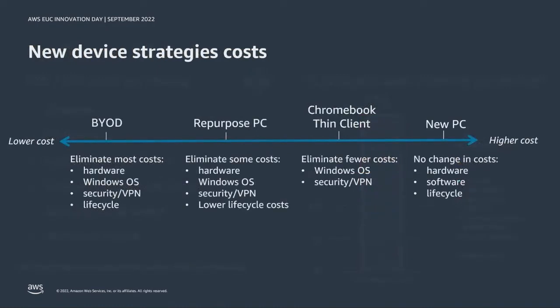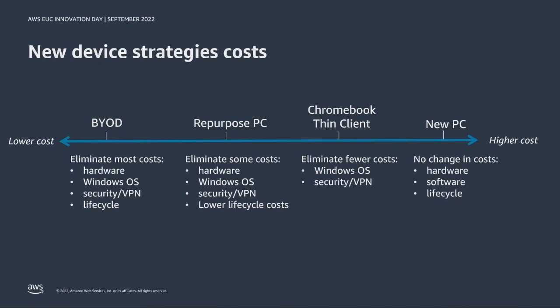And so when we apply what we know about total device costs to a variety of new device strategy options, at one end of the spectrum you have BYOD, right, where nearly all of the inherent costs are eliminated. Costs such as the device hardware, the Windows OS, the VPN, maybe even endpoint security. And then you can also lower, if not eliminate, the lifecycle costs if it's an unmanaged device.